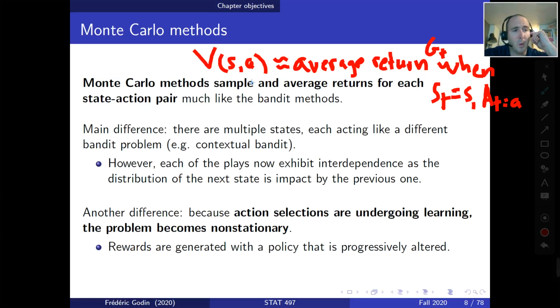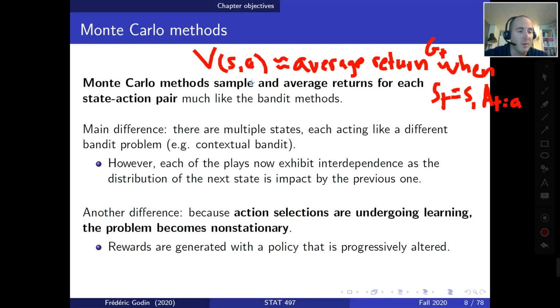However, what's the difference between the fully general Markov decision process framework versus the bandit problem? It's because now the plays, which we call the stage in this chapter, exhibit some form of interdependence. Every time you choose an action, you end up transitioning into a state, and the action you're taking has an impact on the next state.